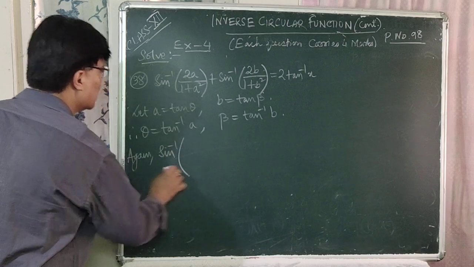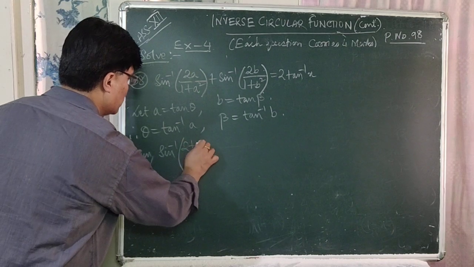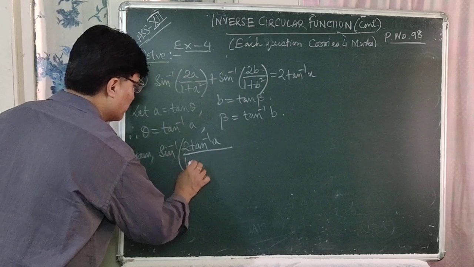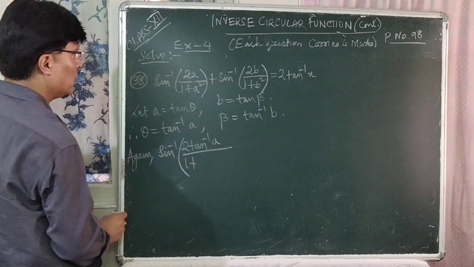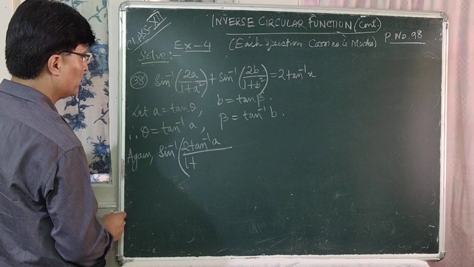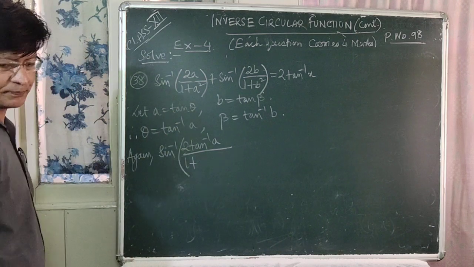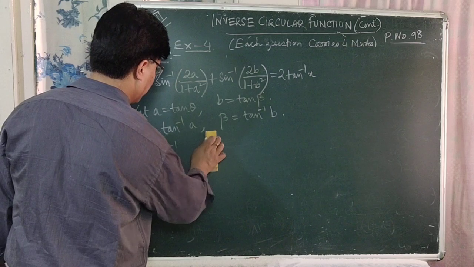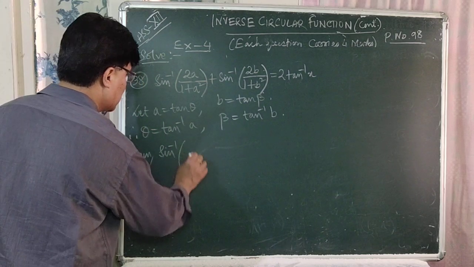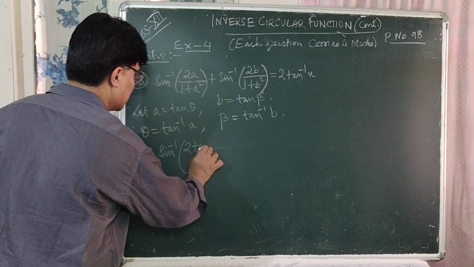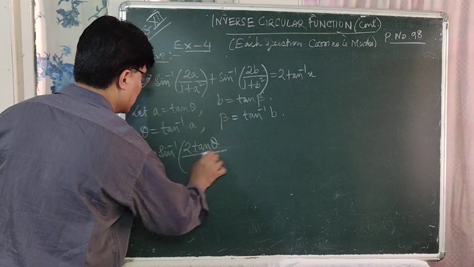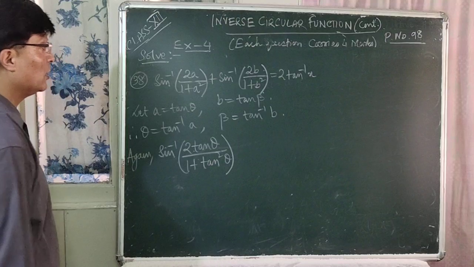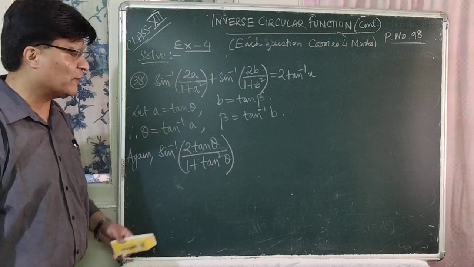So now this equation becomes sin inverse within bracket, 2 into, what is a? Tan theta divided by 1 plus tan square theta, right? You should put the value for a, not the value for theta.